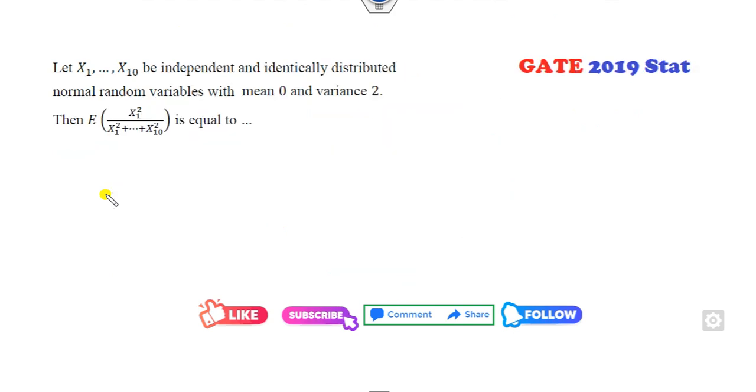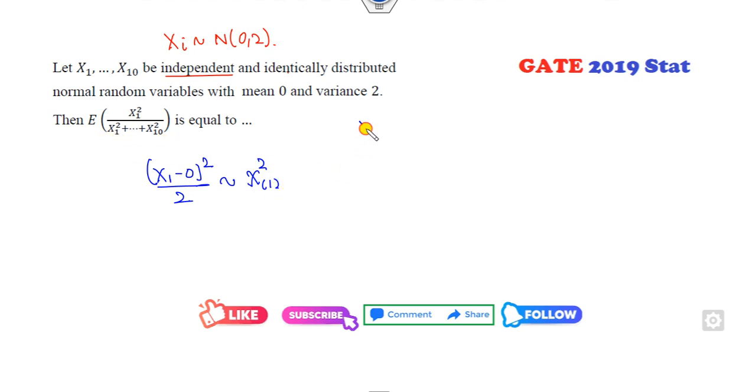Okay, look at this another one. Xi's are independent and normally distributed. So Xi's follow my normal distribution of 0 comma 2. Then what is my x1 square? This will follow my chi-square distribution with 1 degree of freedom.